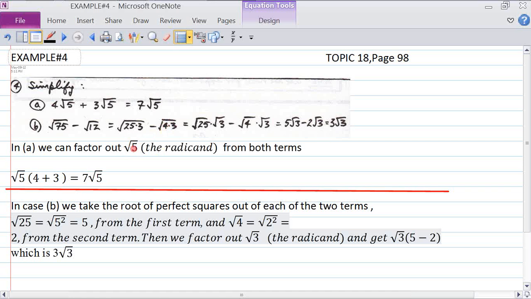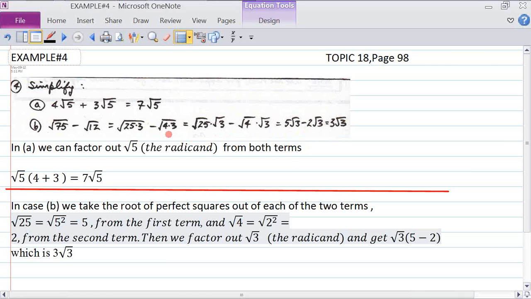It's 2 squared. 25 is 5 squared. So you see, when we have root 25 times root 3, that of course is root 75. And instead of writing square root of 25, we write 5, and the square root of 3 is right here.